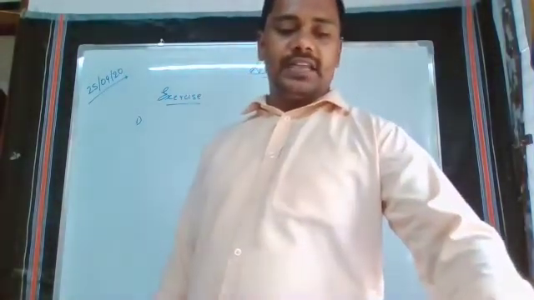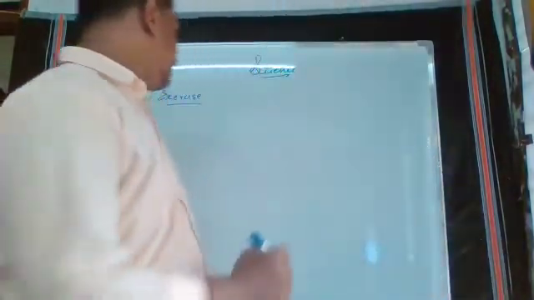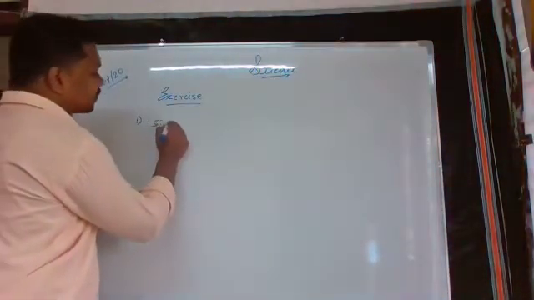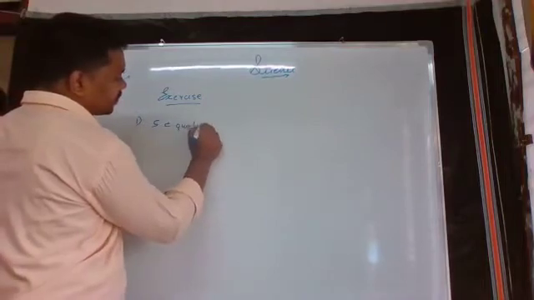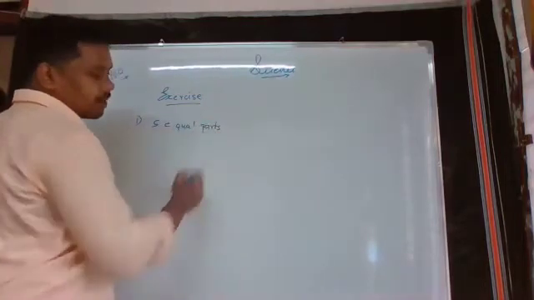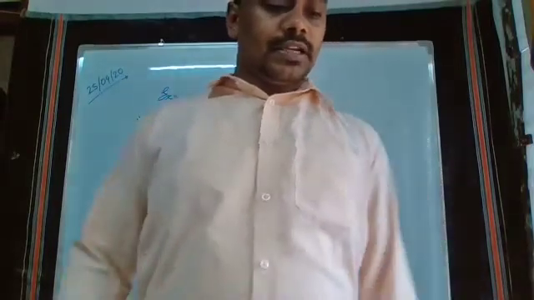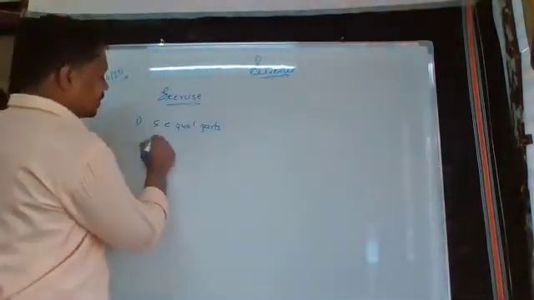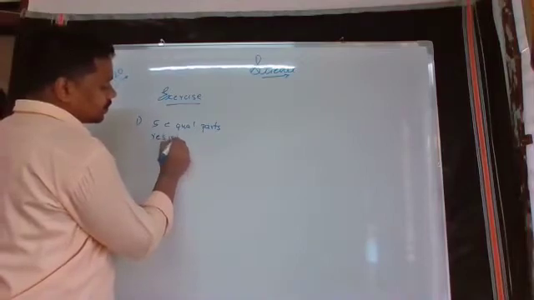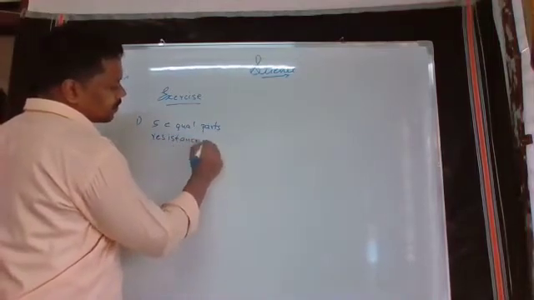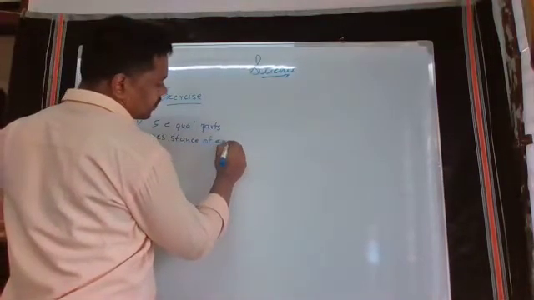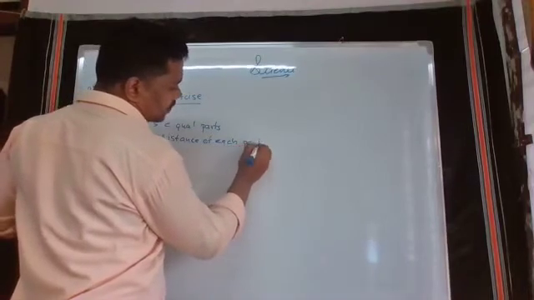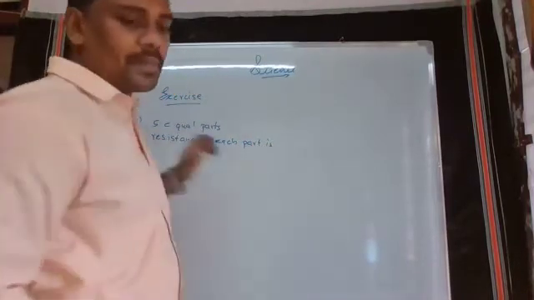Let us see. It is cut into 5 equal parts, and the resistance of each part is R by 5.